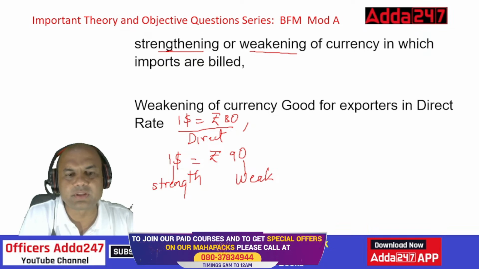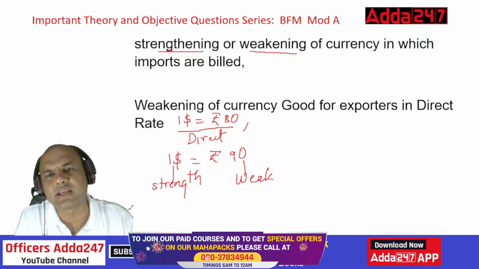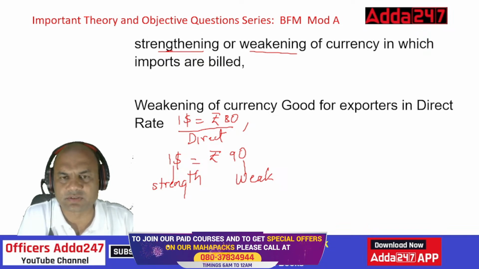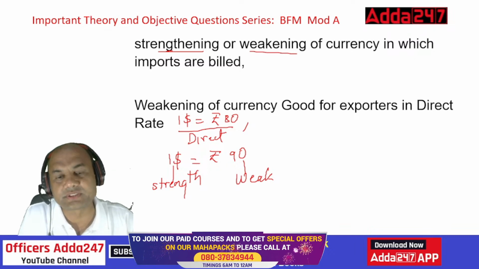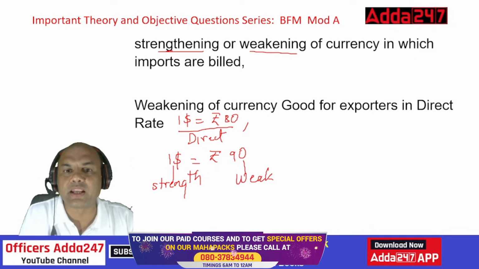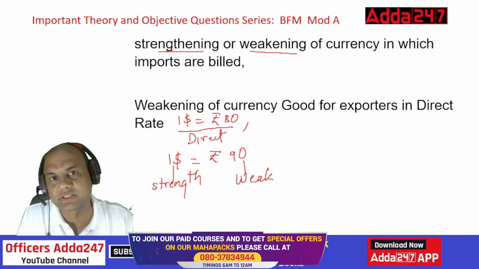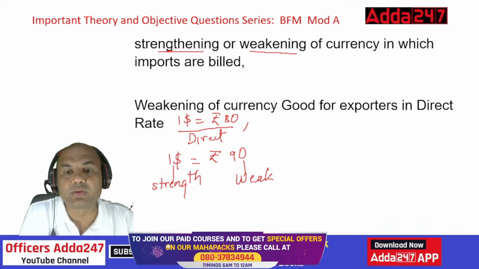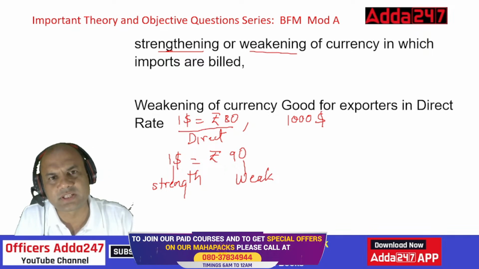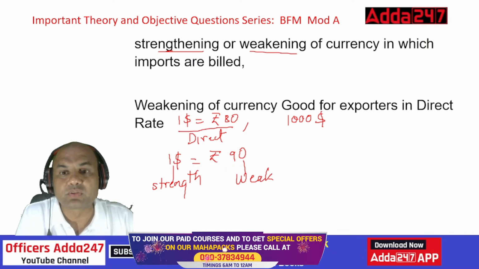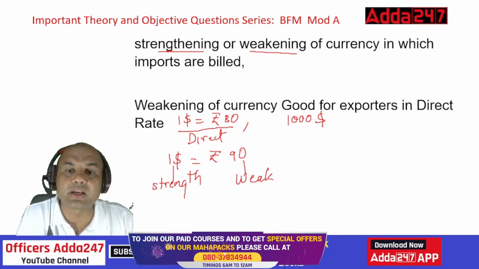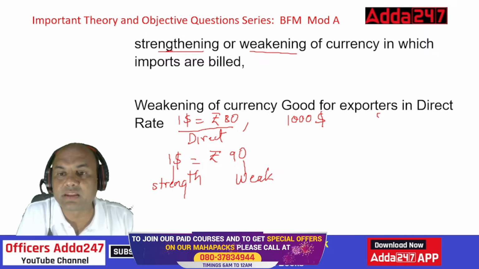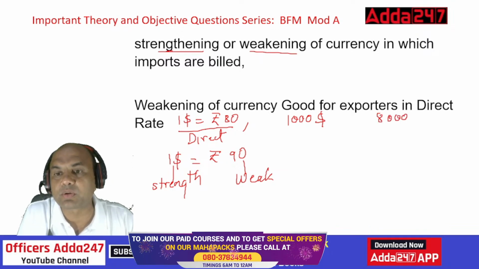Suppose I send you 1000 chairs in the USA, and I bill you, let's say, $1,000. So you as a buyer will give me $1,000, right? What will I do as an Indian person? I have to stay in India, so I need rupees. So I'll convert this: 1000 into 80, how much will I get? 80,000 rupees.